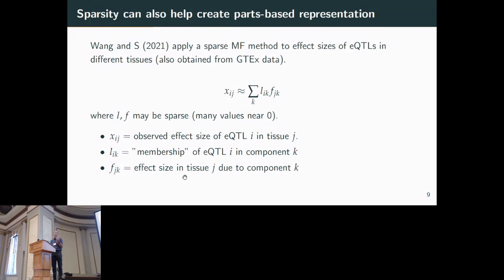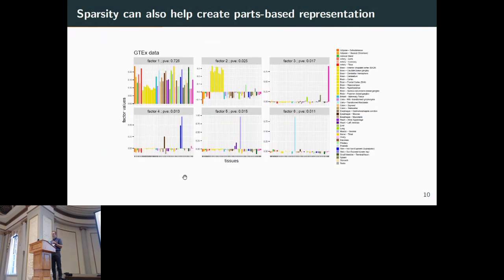But instead of using non-negativity to try to get parts-based representations, we're going to use sparsity to get parts-based representations. So this is the result of running our sparse method, which I'll tell you more about in a moment. Each column here is a tissue. The colors you don't need to worry about too much, except I'll note that the yellow is a bunch of different brain tissues.